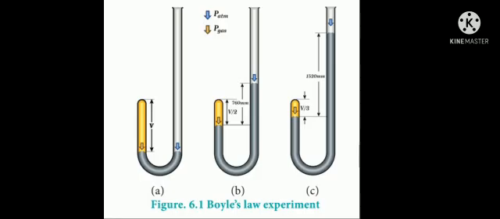Here we have two terms, namely pressure and volume. As we move from picture A to picture B, the pressure of the gas increases from 1 atmosphere to 2 atmosphere, as the difference in height of the mercury levels increases from 0 to 760 mm, where the volume of the gas is reduced to half of the original volume.